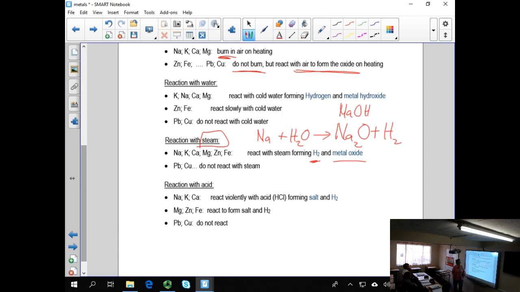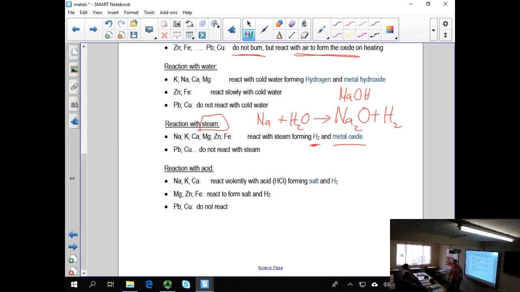Lead and copper tend not to react with steam. Sometimes you can encourage copper to react by heating it fairly high. If you have finely divided copper and some water in a test tube, and the whole system is hot enough that the water doesn't condense, the steam making contact with the very hot copper sometimes tends to form copper oxide plus hydrogen.